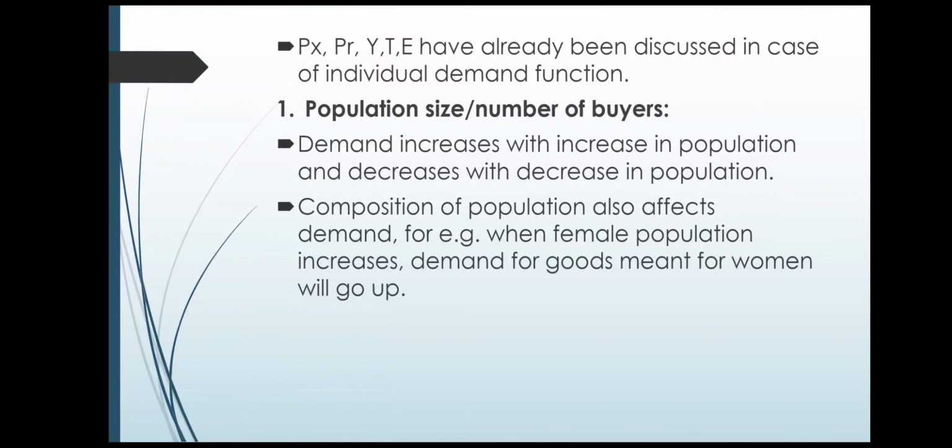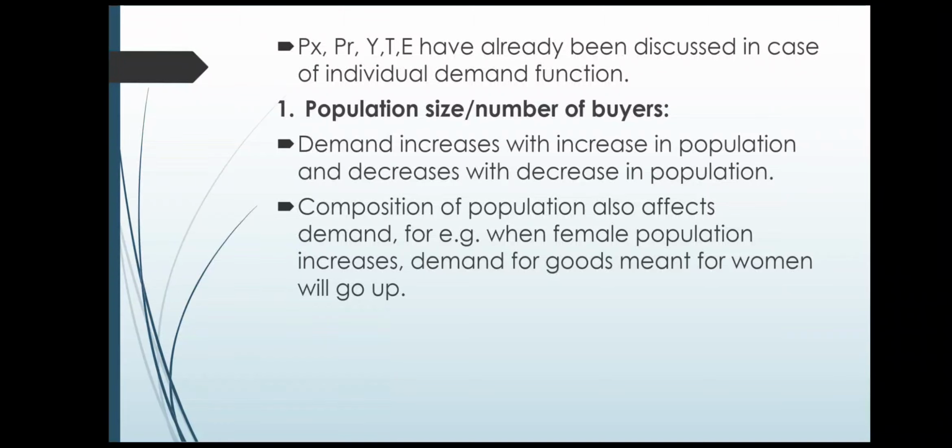So Px, Pr, Y, T and E have already been discussed in case of individual demand functions. Just now we have discussed it, and all those determinants are the same, and it also falls in market demand function.